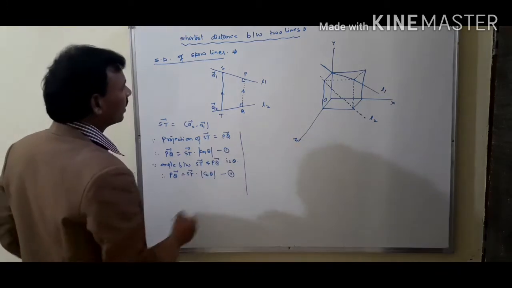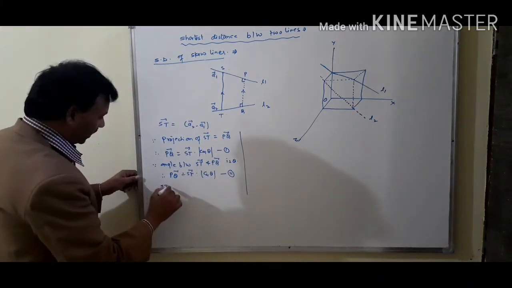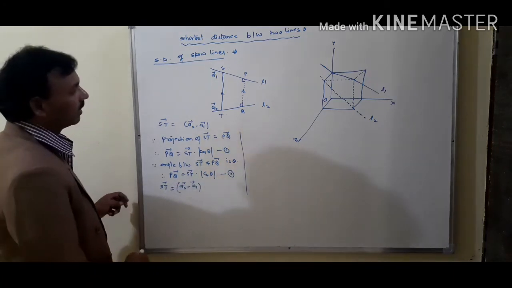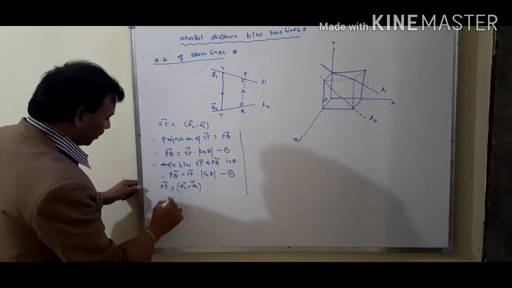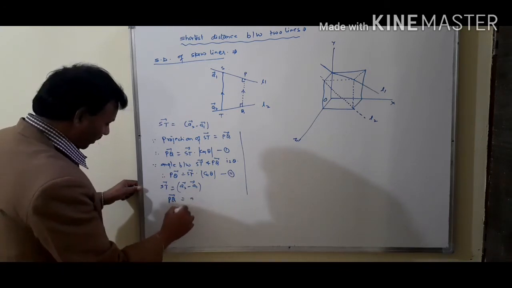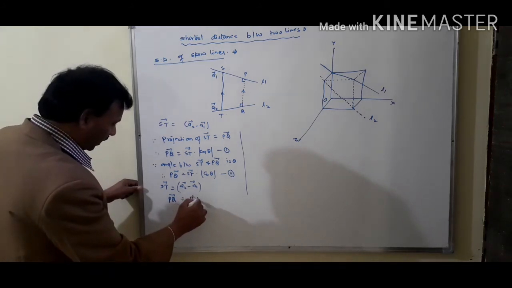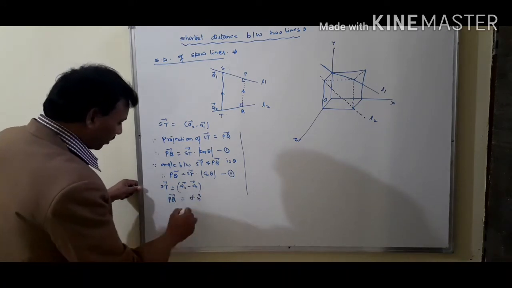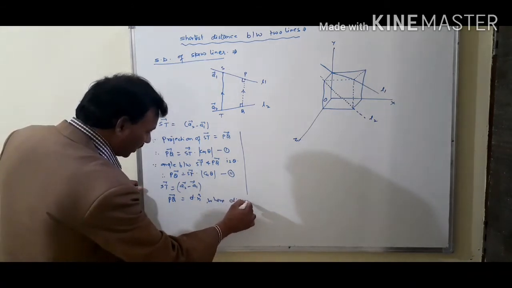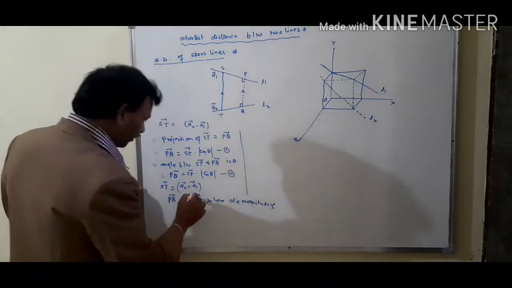Now ST equals A2 minus A1, and PQ equals D into N cap, where D is the magnitude of PQ.